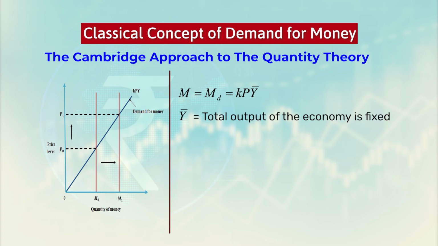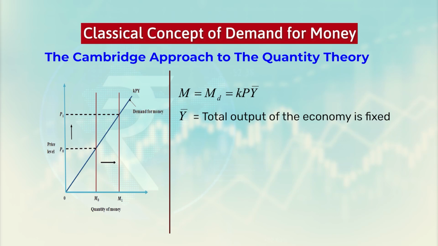So as long as total output in the economy is fixed and more money is chasing few goods, then automatically this creates an excess demand for the goods and services produced in the system. So this excess demand for the goods and services will actually jack up the price.